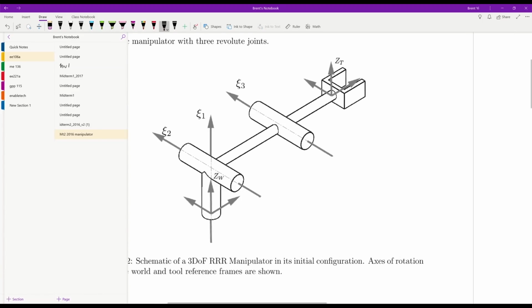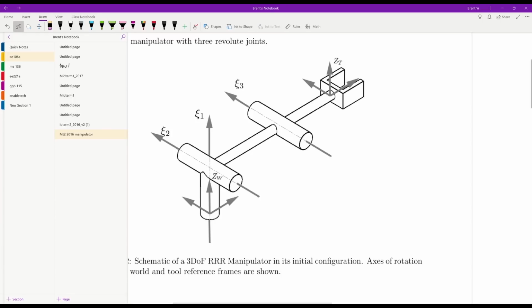For PK2, we again need a P, we need a Q, we need a twist, and then we need an R, right? So Q should be straightforward. We just want to move this end effector to the final desired position.